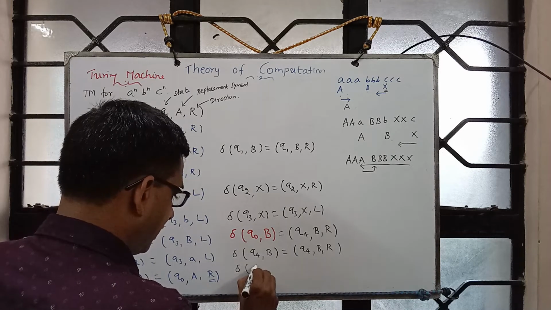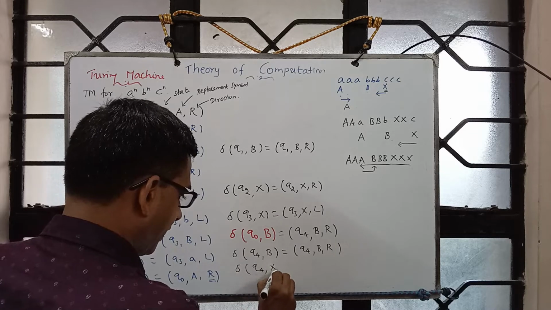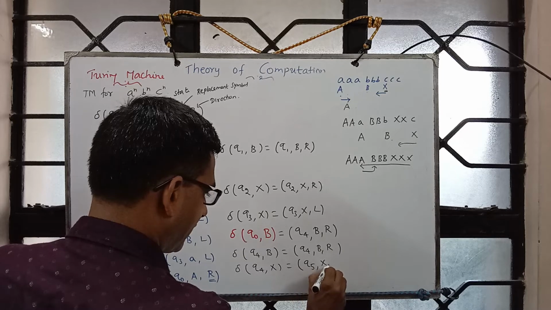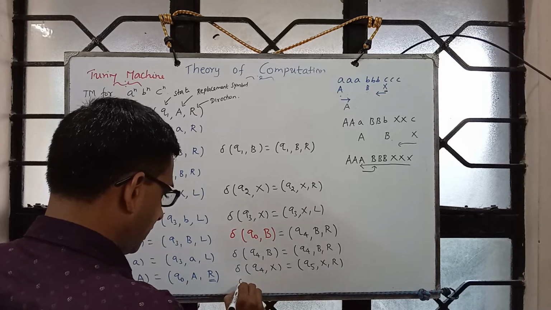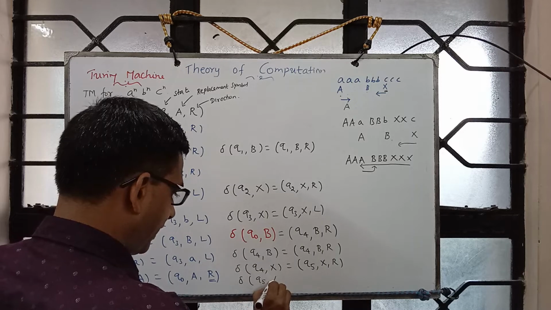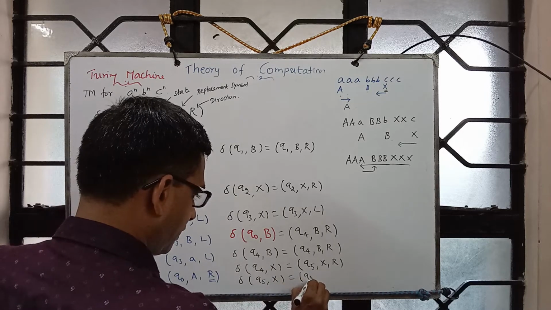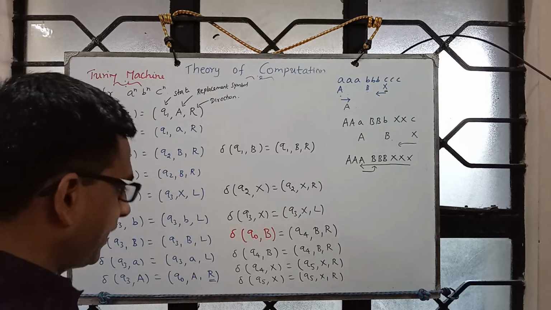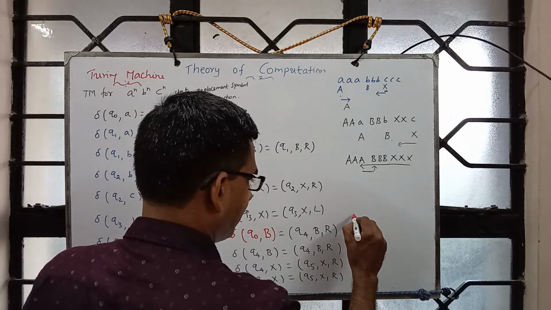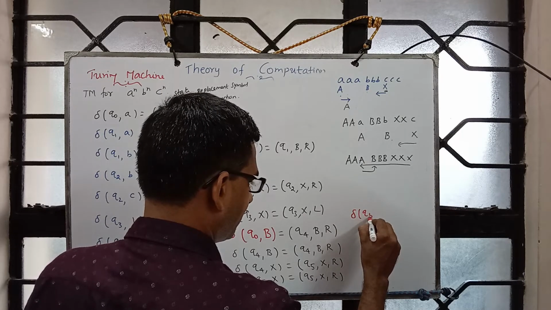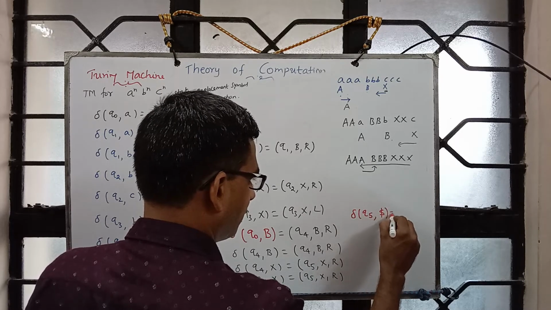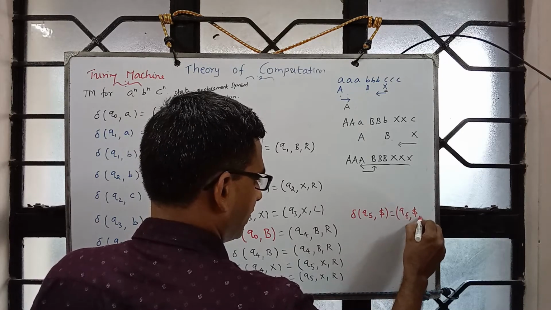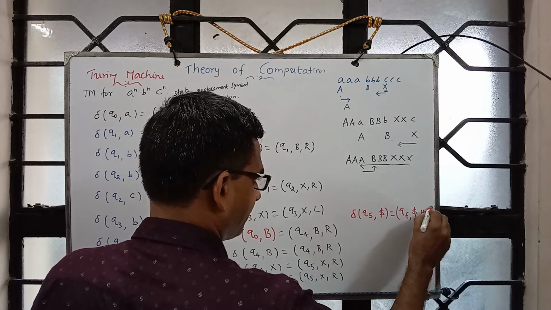At some point later, we may see X, then we go to Q5 comma X comma R, then delta of Q5 comma X is Q5 comma X comma R. Supposing it is a valid input, after some time we will see delta of Q5 comma dollar. We can say go to a final state, dollar remains dollar, and stop the machine.